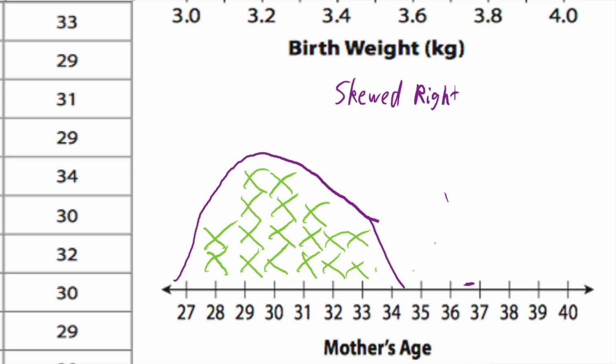And so those two data points are quote unquote the culprits, or the main culprits for not being symmetrical. And so we say that those two data points are skewing the data. And so because of it, it's being skewed to the right. It's being pulled to the right, is what we say.